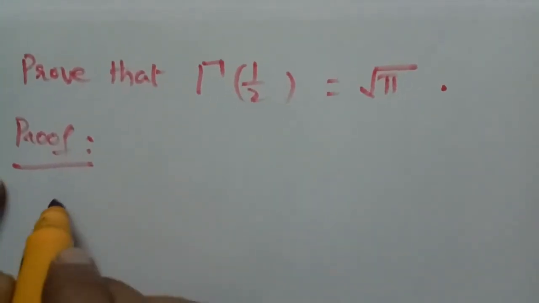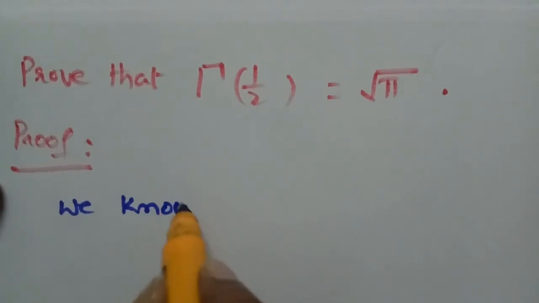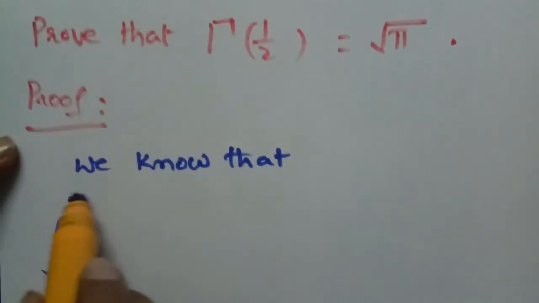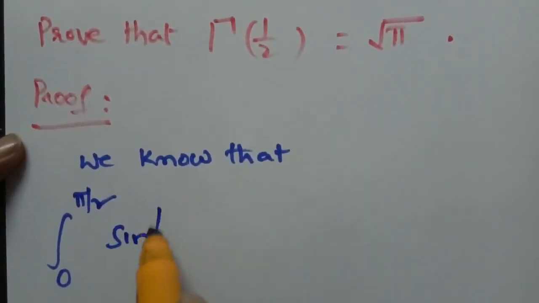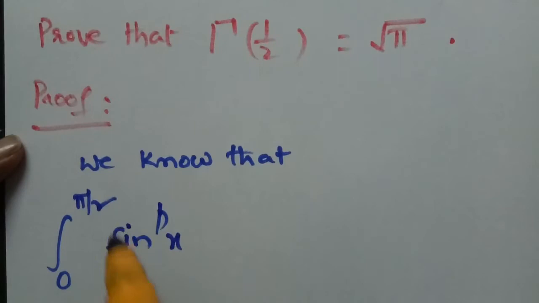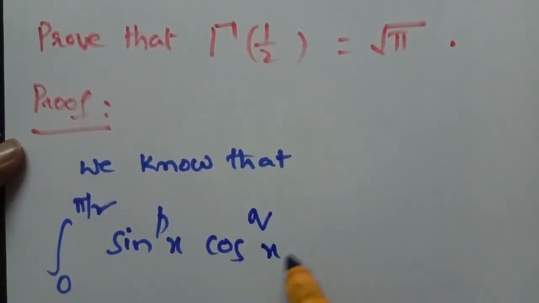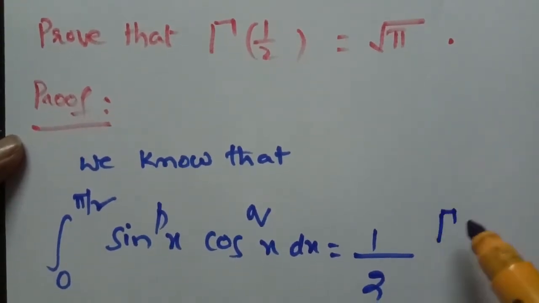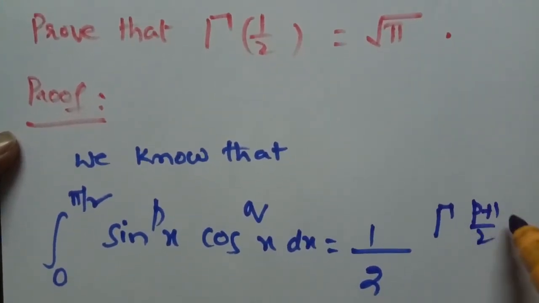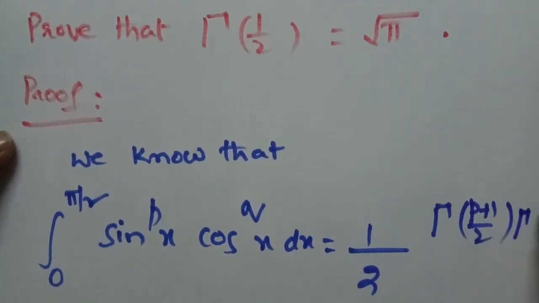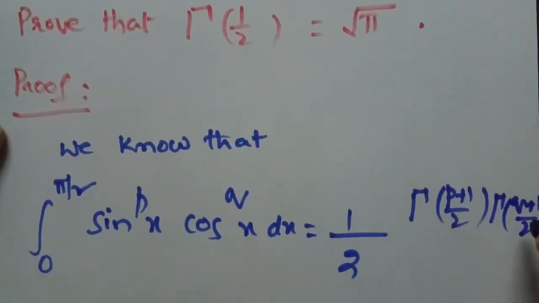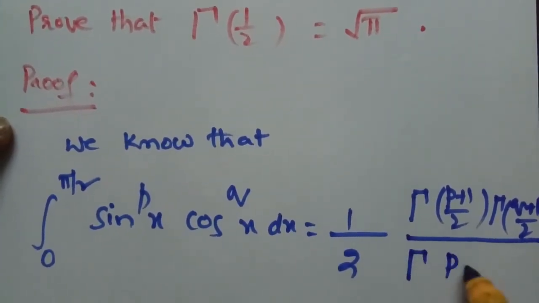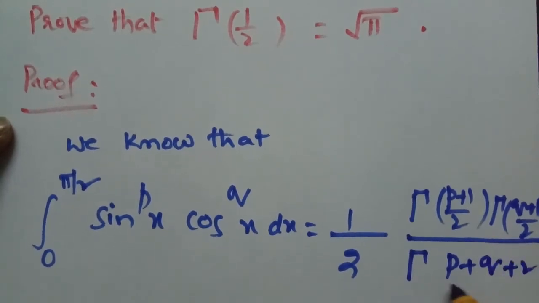We know that integral 0 to pi by 2 sine to the power of px into cos to the power of qx into dx is equal to 1 by 2 times gamma p plus 1 by 2 into gamma q plus 1 by 2 by gamma p plus q plus 2 by 2.